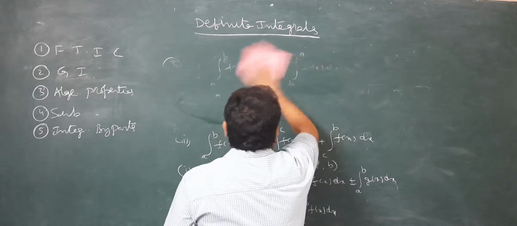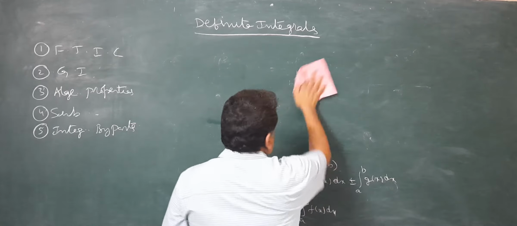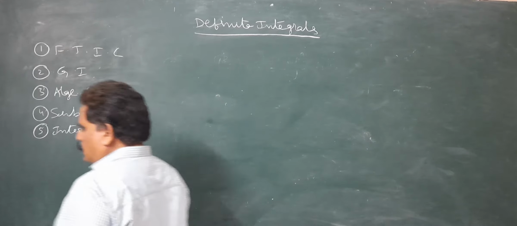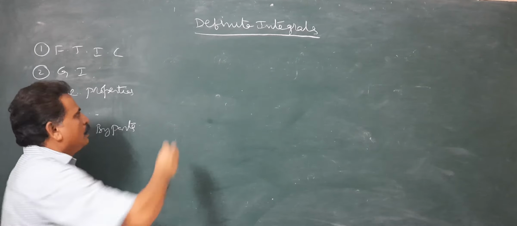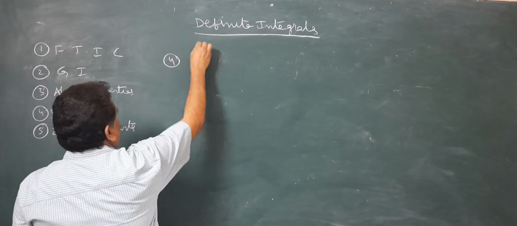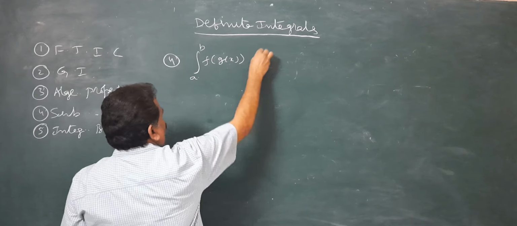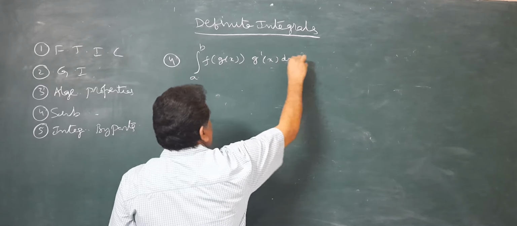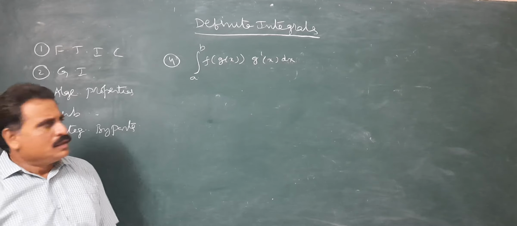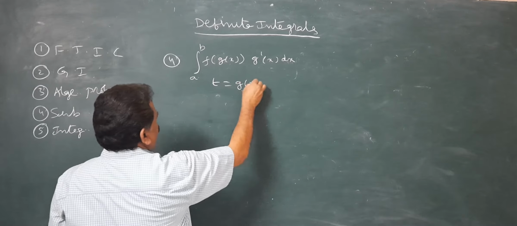Now, substitution method. That is the fourth one. Integral a to b f of g of x into g dash x dx. If the function is like that, the composite function, we just have to substitute t equal to g of x.